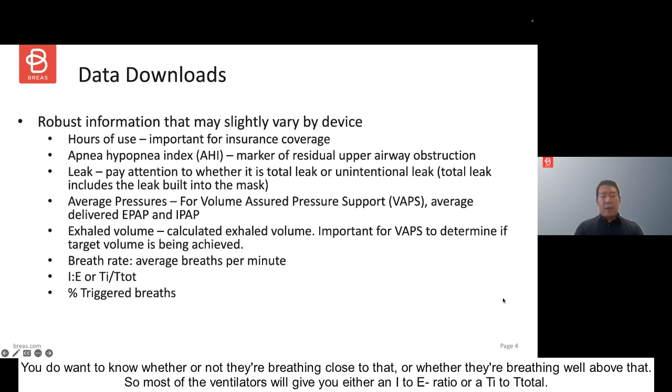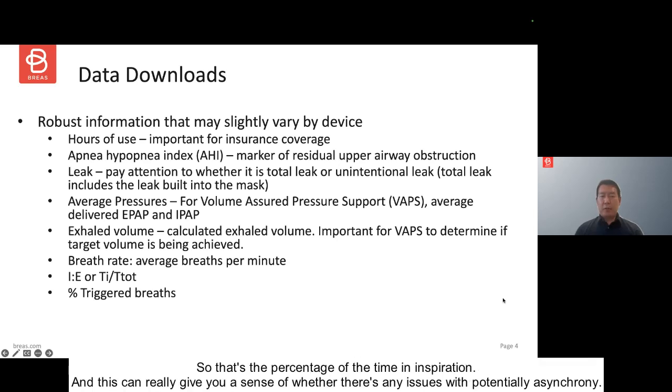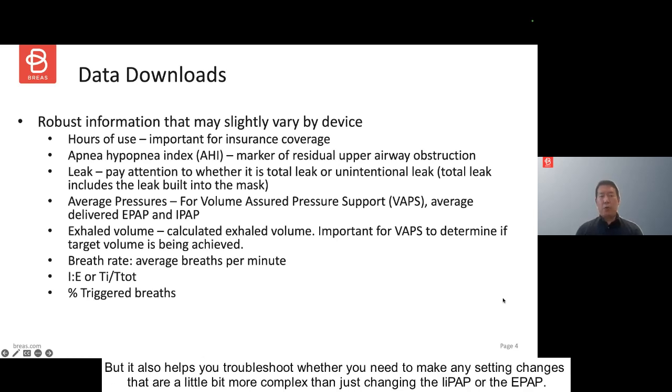Most of the ventilators will give you either an I to E ratio or a TI to T total, the percentage of the time in inspiration. This can really give you a sense of whether there are any issues with synchrony, but it also helps you troubleshoot whether you need to make any setting changes that are a little more complex than just changing the IPAP or the EPAP.